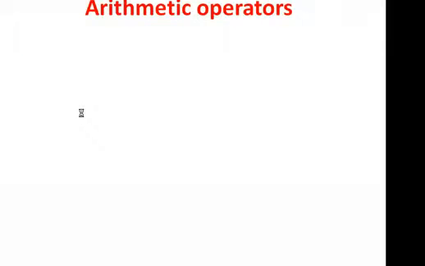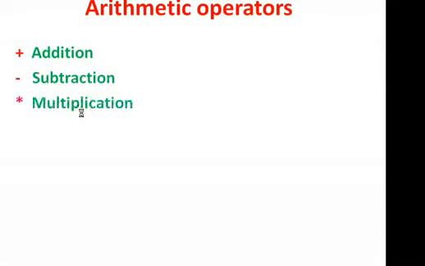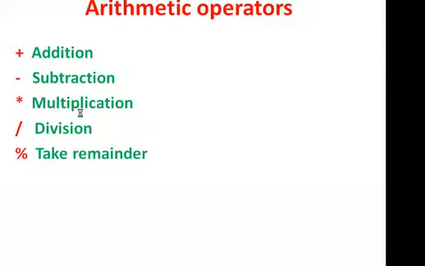Coming to the arithmetic operators, you can find addition, subtraction, multiplication, division, and take remainder operator. And I don't need to teach much about these things as they are very basic.